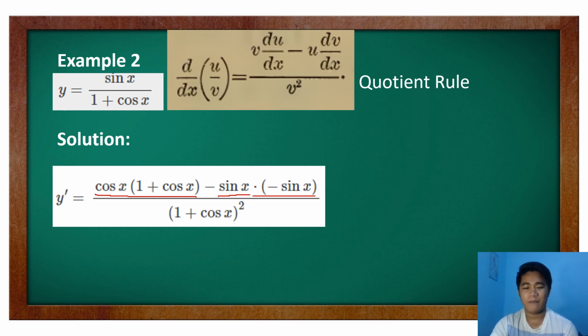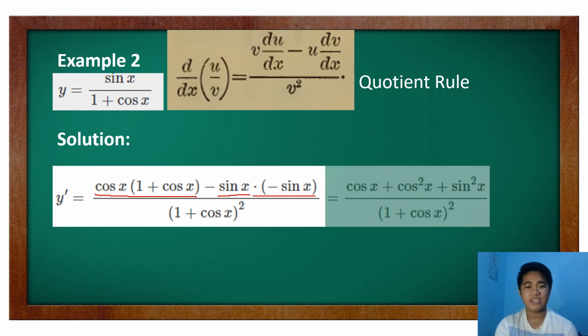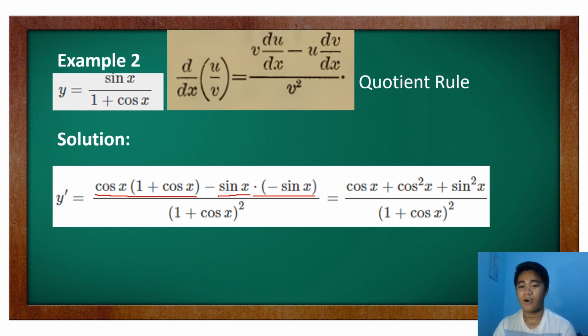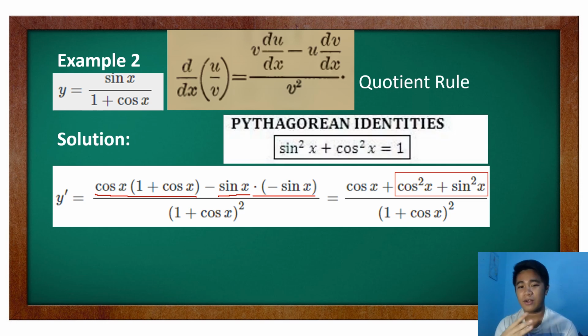Alright, so in simplifying this answer, we can get cos x plus cos squared x plus sine squared x all over 1 plus cos x squared. So we know that in our Pythagorean identities for the trigonometric function, we have sine squared x plus cos squared x equals 1.